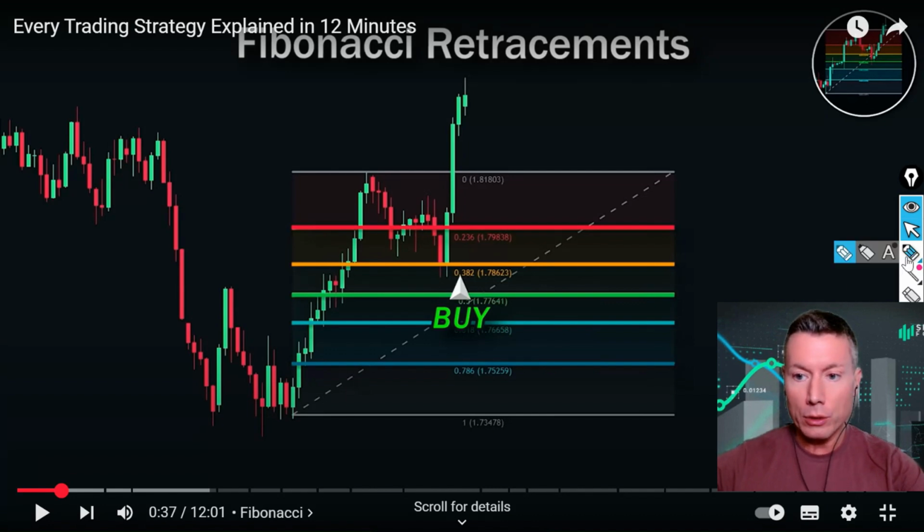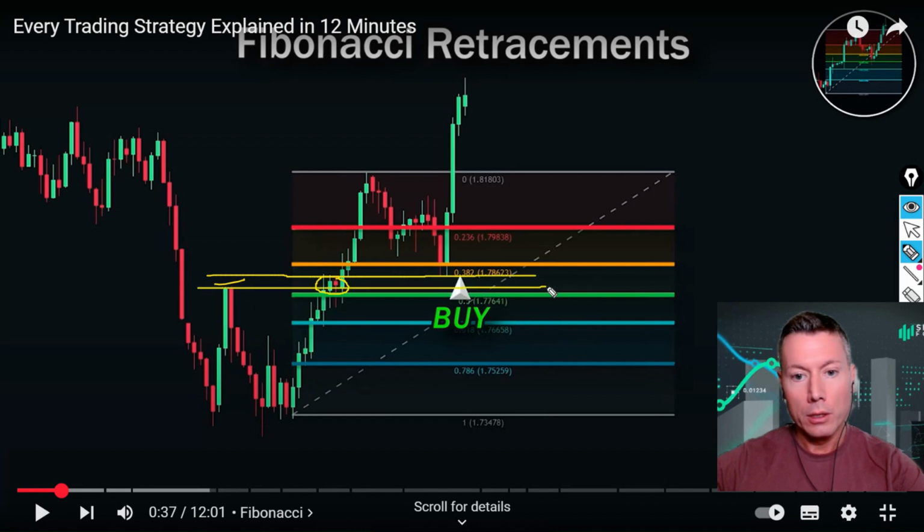Okay, because if you look at these two levels here, right, we had this last high here, and then we had this bit of resistance level here. So if I just draw a level through here, right, that was once resistance, and we know that what was once resistance becomes good support, and price bounces exactly off that level. So again, price action can explain this trade far easier than fib levels.